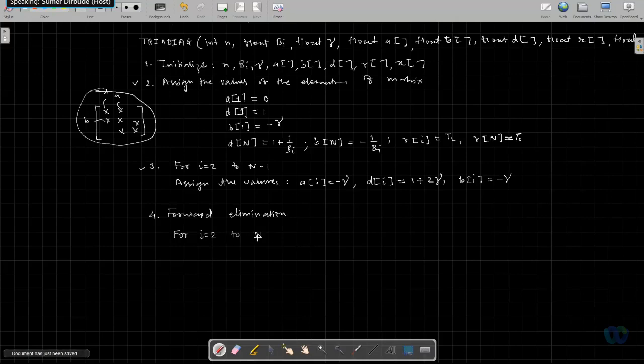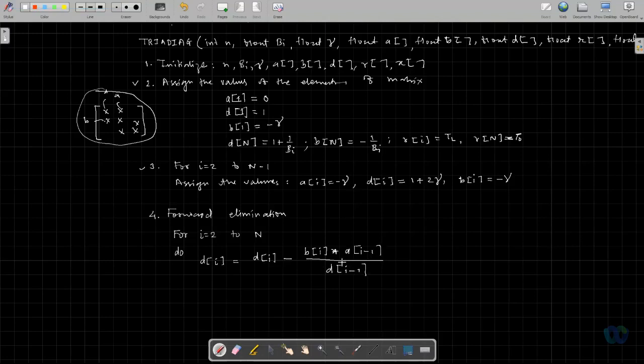For this, calculate the central diagonal element d: di is equal to di minus bi multiplied by ai minus 1 divided by di minus 1.